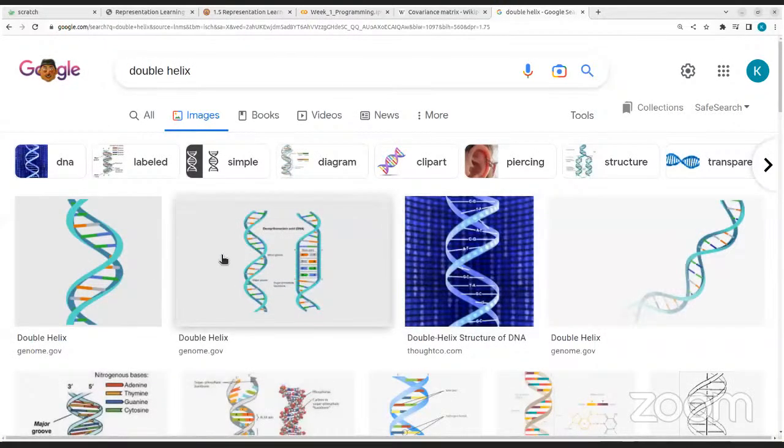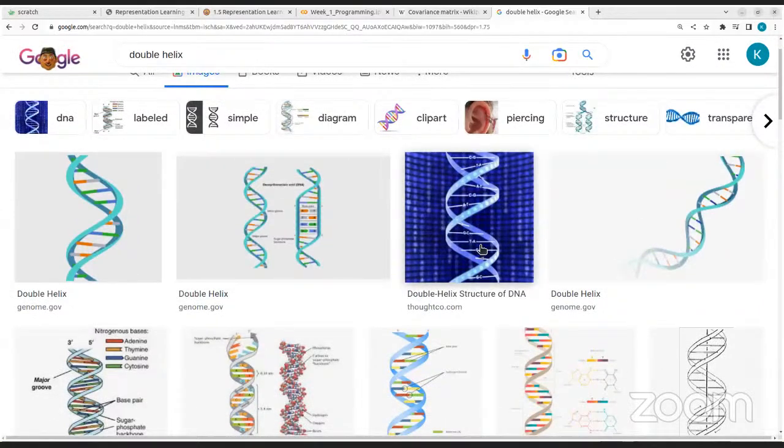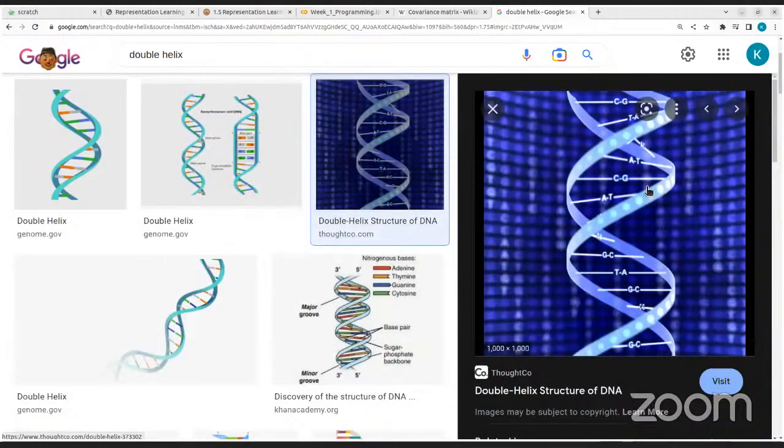So the closest way you can visualize it is this: assume you have a line going through the center of this double helix. They have drawn these, and you can think of them as the residues in some sense.